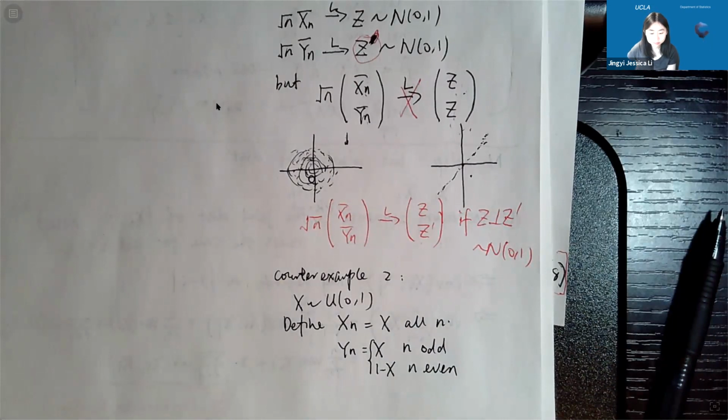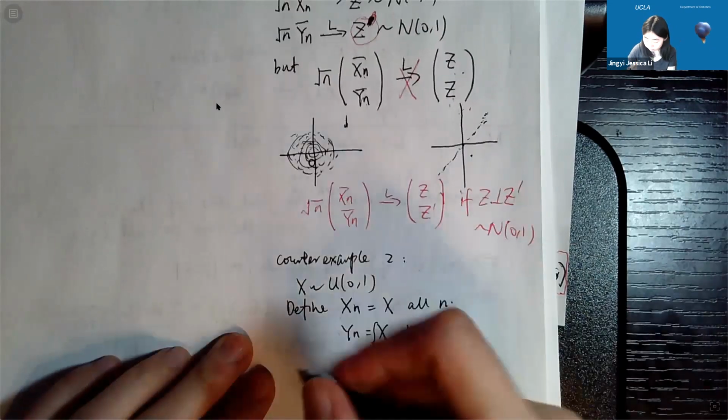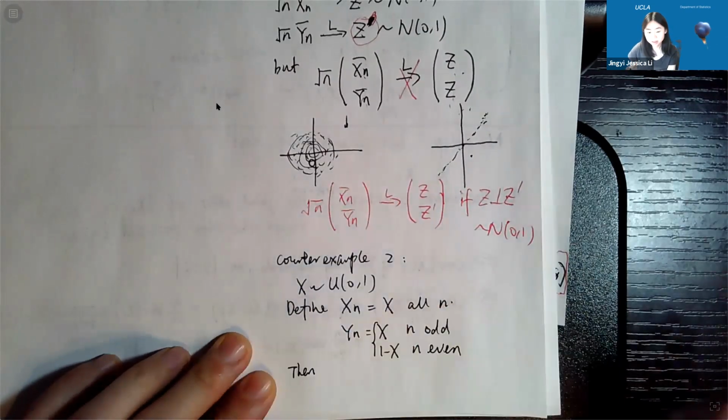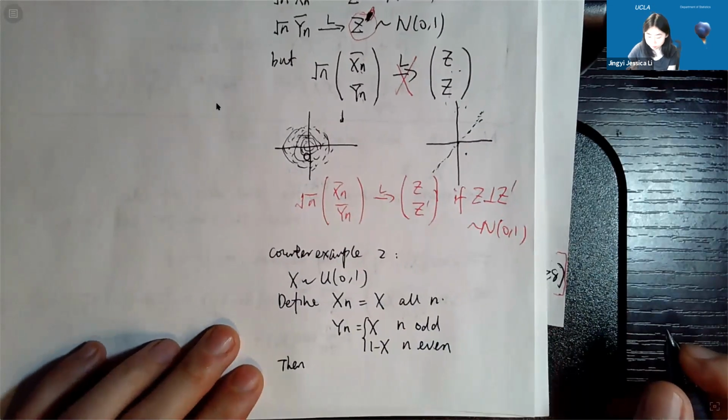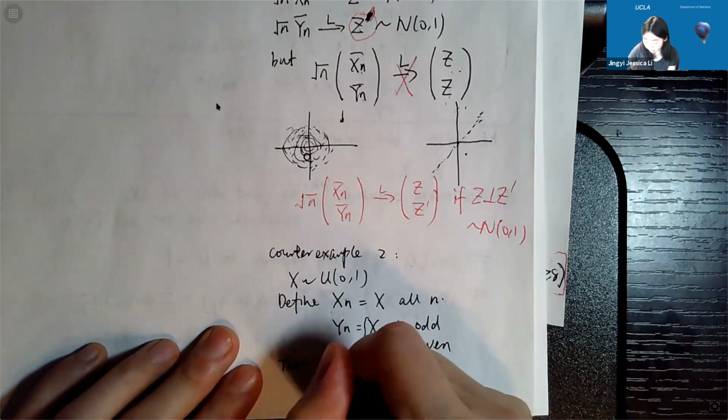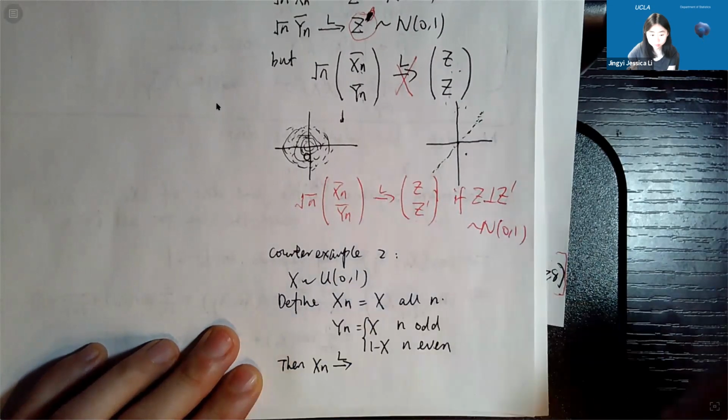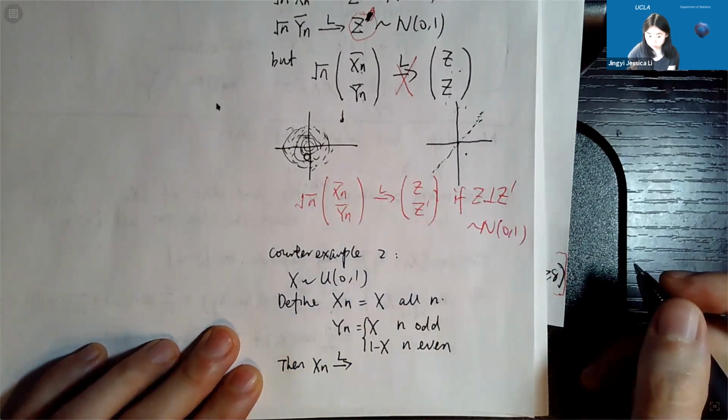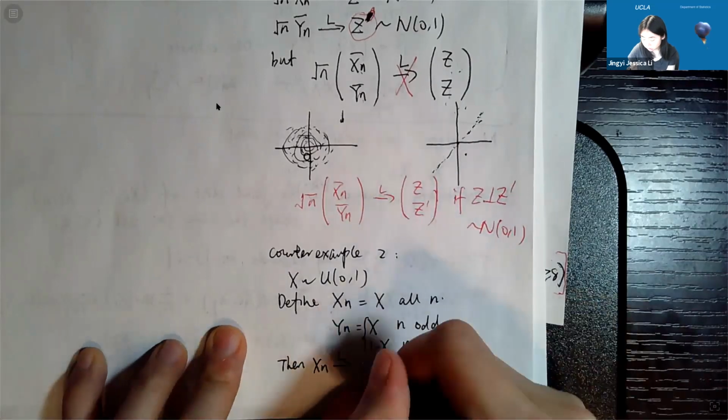And in this example, you can clearly see that my Xn is converging in law to what? It's converging in law to X, right?